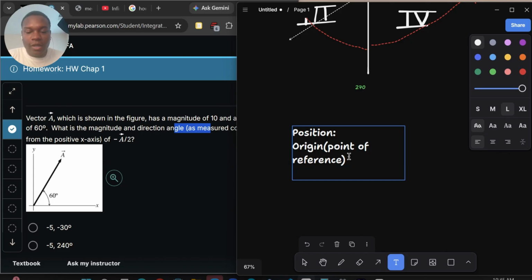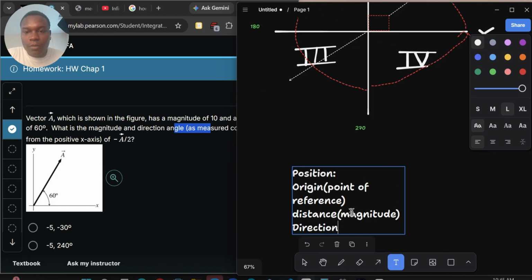You need a distance you're going to travel, which is the magnitude, and you need a direction, right? But the origin or point of reference is what gives us our negative or positive.